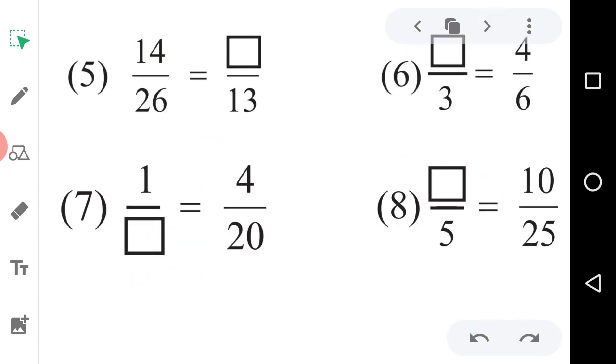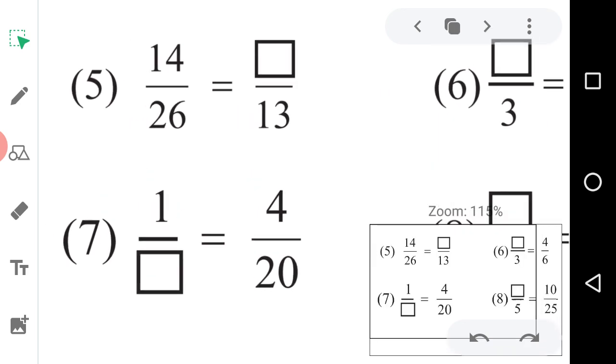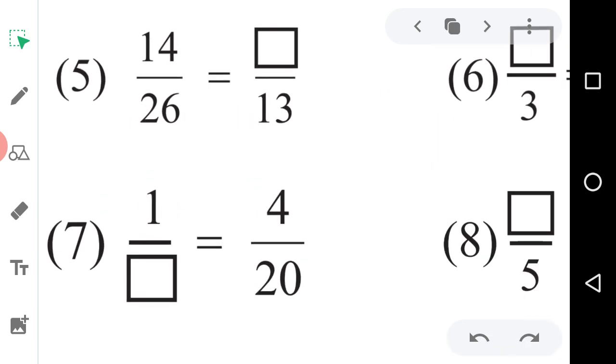Now see the next one. Here the fraction is given 14 upon 26. How do we get 13 from 26? By dividing. If we divide 26 by 2, we get 13.